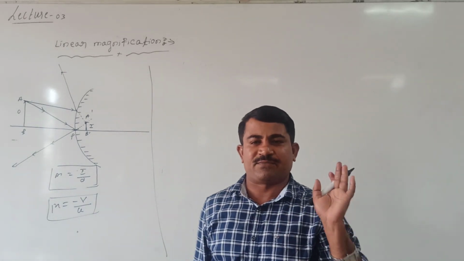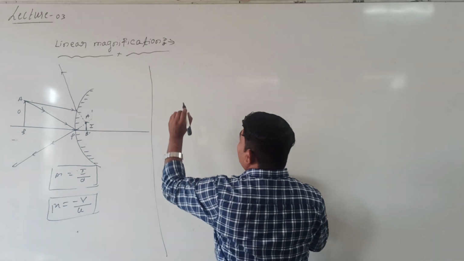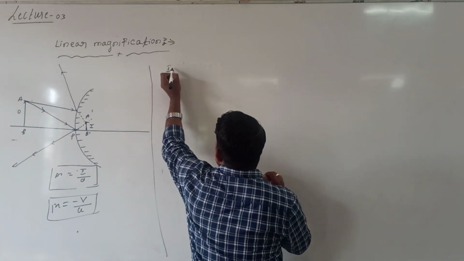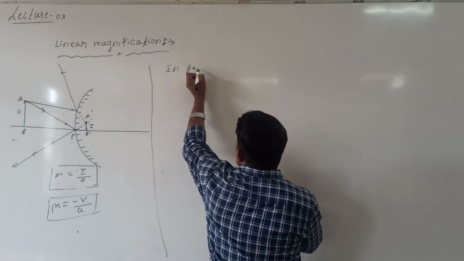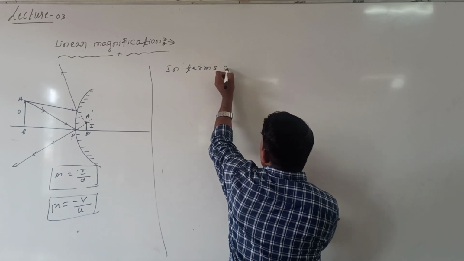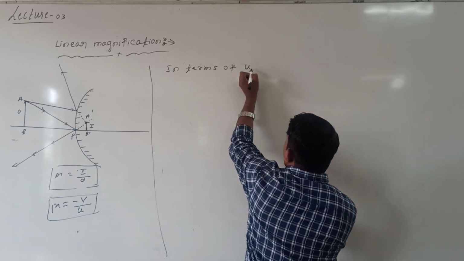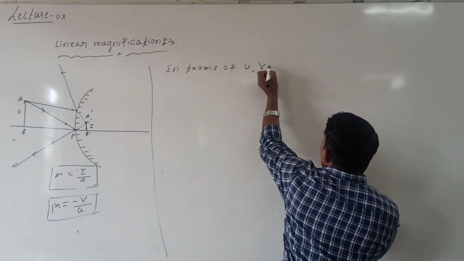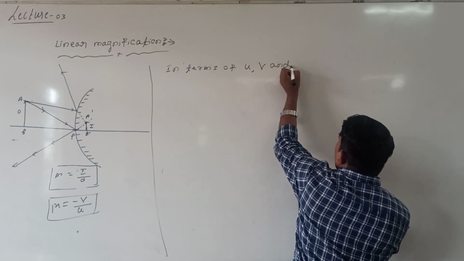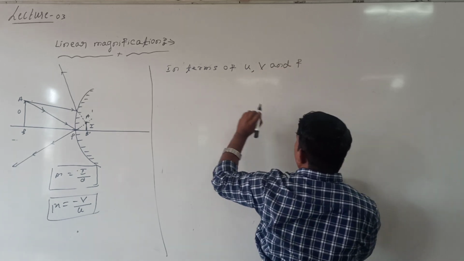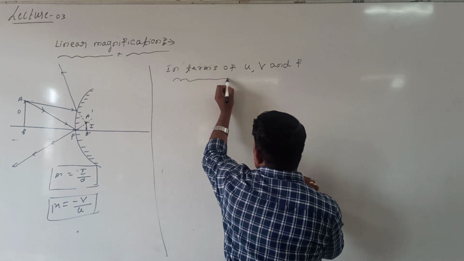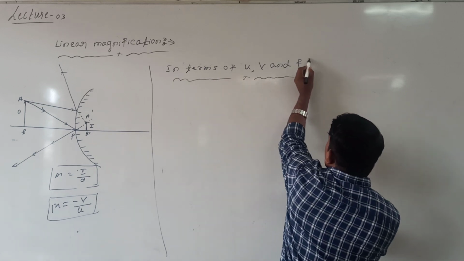Linear magnification in terms of U, V and F, how to take?